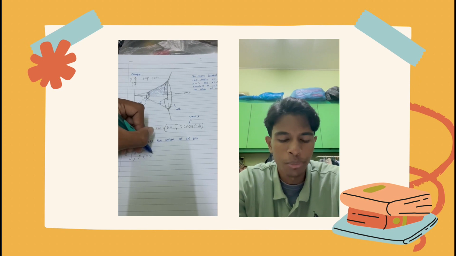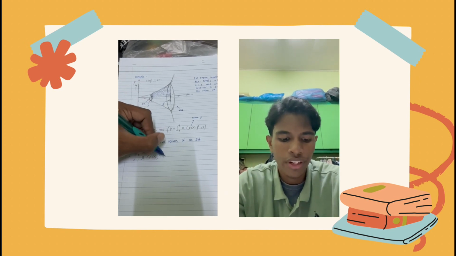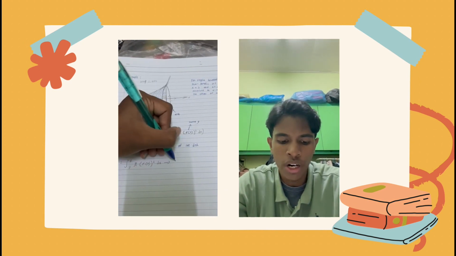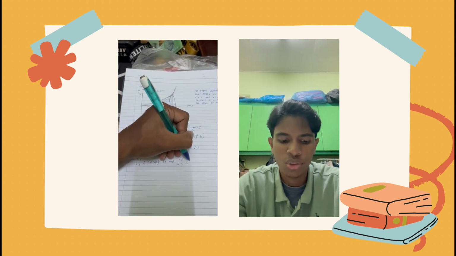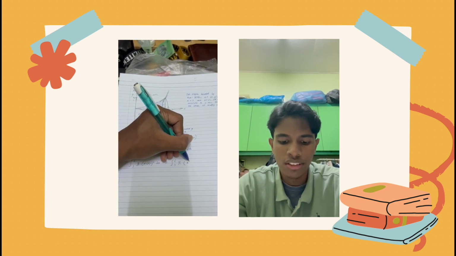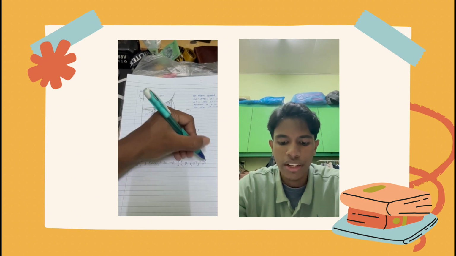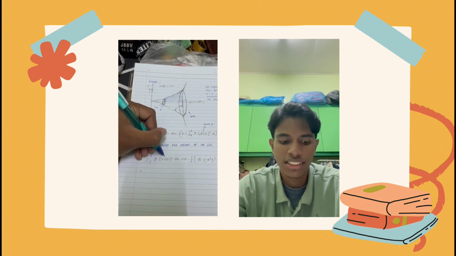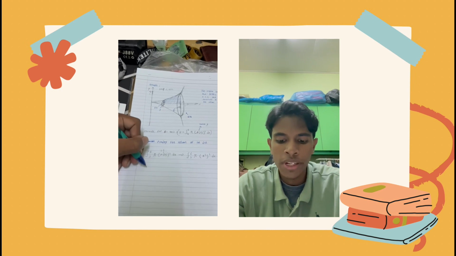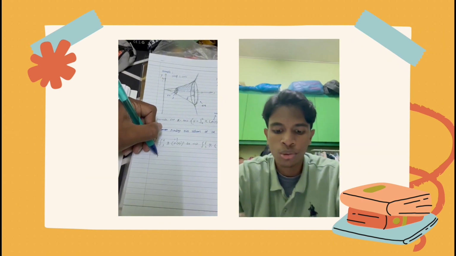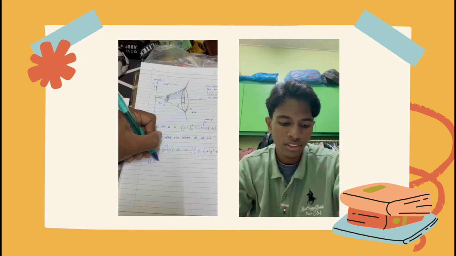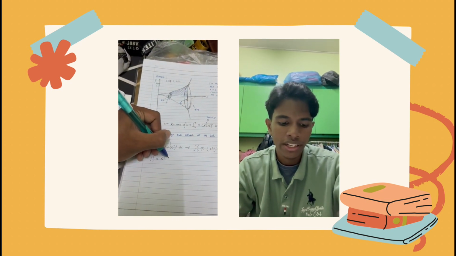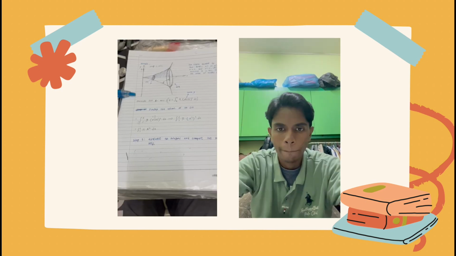Firstly, we need to replace f(x), or known as curve y, with y equals x squared. As a result, we get pi times (x squared) squared dx. And we need to multiply the square 2 with x squared. Hence, we get pi x^4 dx.